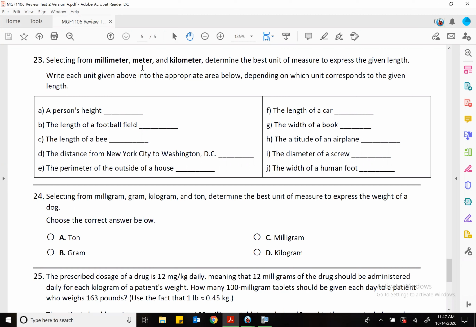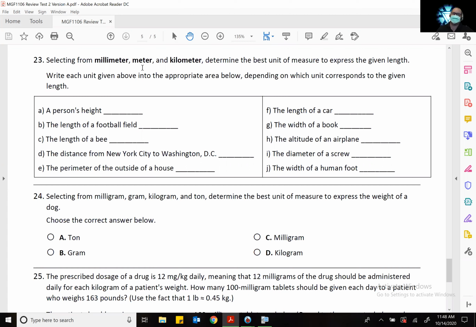Well, not exactly, because a meter is a little bigger than a yard, but the closest thing I want you to think about is yards and feet. Kind of give it some context. And then a kilometer, think like miles. Again, it's not exact, but that's the idea.